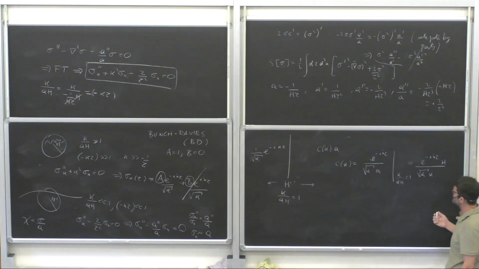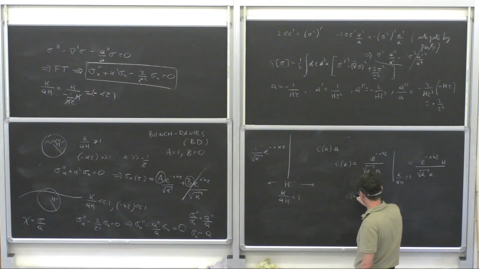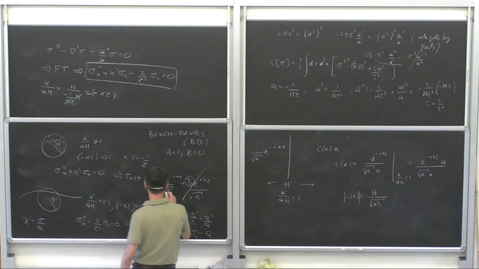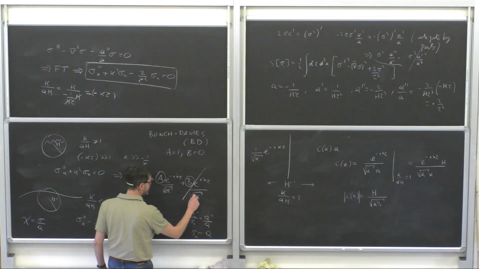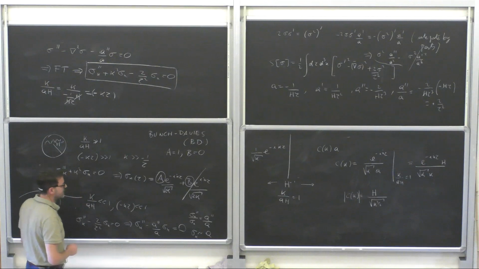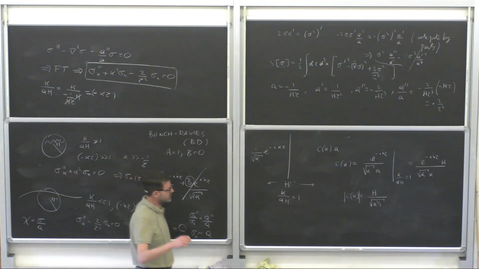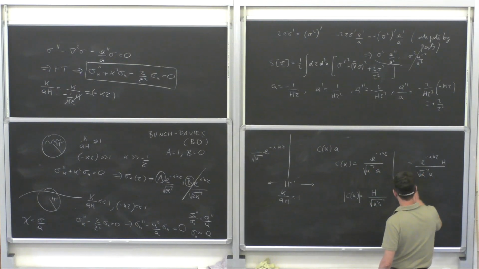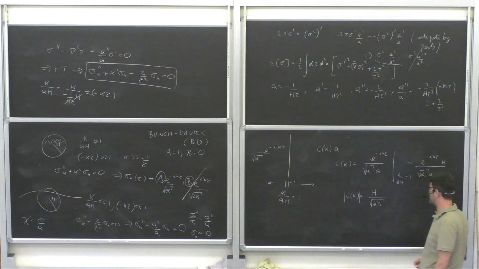So if I want to compute the modulus of C of k, which is the only one that is physical, the modulus will be simply H over the square root of k to the power 3/2. And in general there is also a factor of 2 because you want to normalize like a Klein-Gordon scalar field. So let me put also a 2 here because you usually have the square root of 2 omega. So I put a 2 here, just a convention, and then I get this 2 to the power k over 3/2. Okay. So that is the C that I will need.